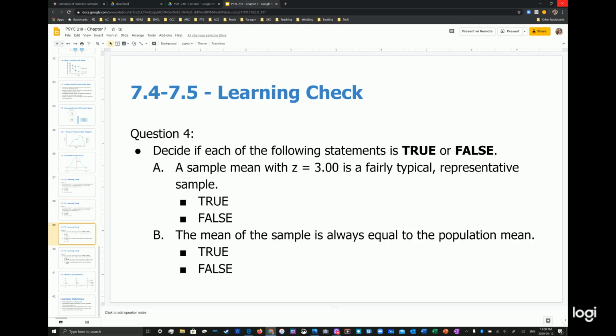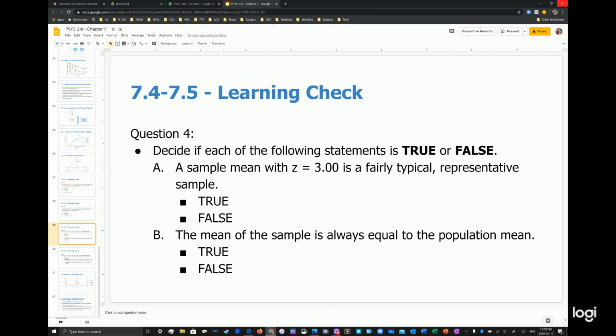So 2 more questions. A: A sample mean with a z-score of 3 is a fairly typical, representative sample. You can take a moment and think about this. A sample mean that is 3 standard deviations above the population mean. That means the sample itself has scores that are close to 3 standard deviations away from the population mean in the sampling distribution.